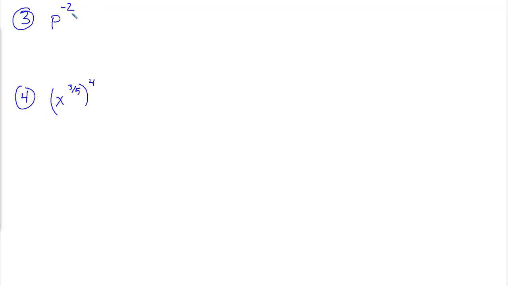Another thing that is showing up in these assignments is sometimes we'll have a negative exponent. And if you have a negative exponent, all that means is that number has been moved to the denominator, or moved from the denominator to the numerator. So let's look at number 4. I have a power being raised to a power, so I'll multiply.